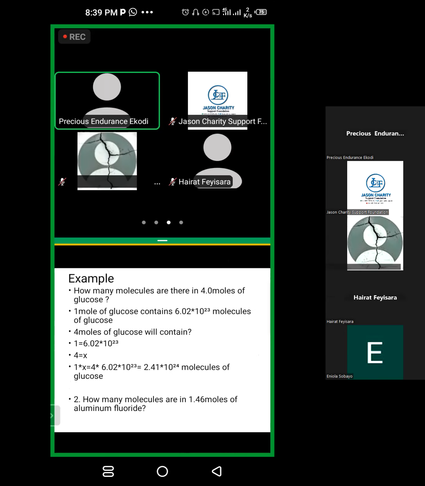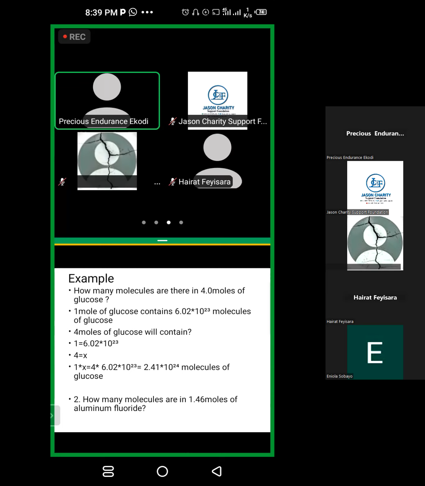Here we have 4.0 moles of glucose. So we said, if 1 mole of glucose contains 6.02 times 10 raised to the power 23, 4 will contain what? Using cross multiplication, 1 equals 6.02 times 10 raised to the power 23, and 4 equals x. When you cross multiply, you have 4 times 6.02 times 10 raised to the power 23.